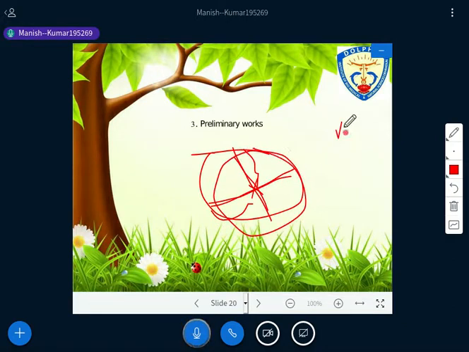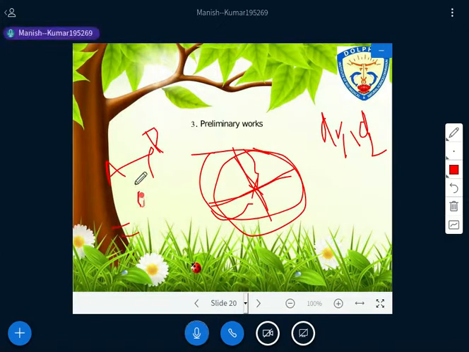Is it clear? For example, if you have a first diameter D1 and a second diameter D2, the average radius will be D1 by 2 plus D2 by 2, right, and then divided by 2.